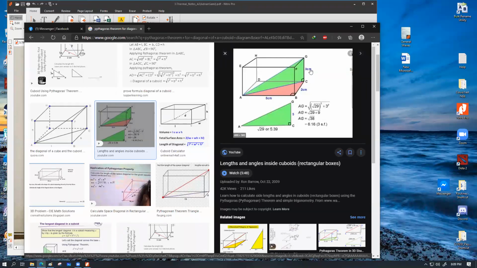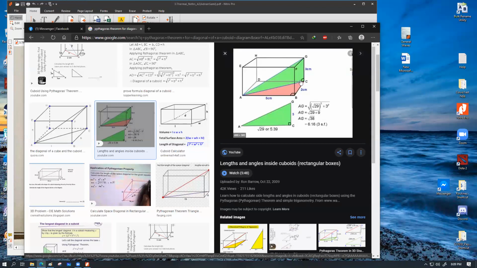So this triangle ACG is a right angle triangle that is inside and angled inside the cuboid. This is not visible from a surface. They have shown us this triangle so that we can visualize where it is located. So the three vertices of this triangle are A, G, and C. G is on the diagonally opposite corner, C is on the diagonally opposite corner, and A is over here.